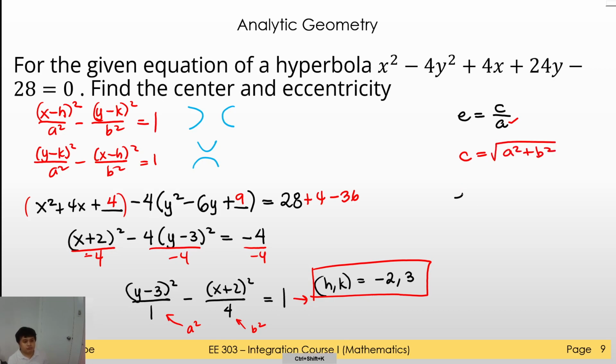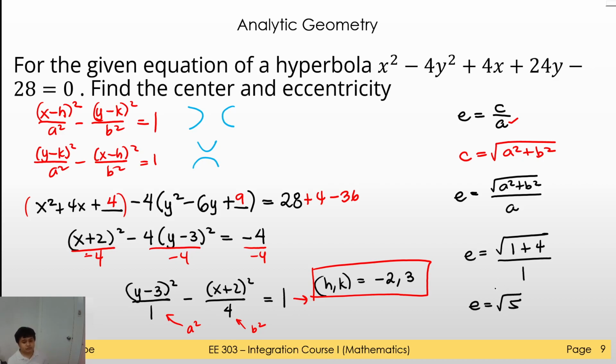Therefore, the eccentricity is equal to the square root of a squared plus b squared over a. We know that a squared is equal to 1, so a is equal to 1. Here a squared is 1, b squared is 4, and a is 1 as well. Square root of 1 is 1, so the eccentricity will be the square root of 5. So that's it. This will be your eccentricity.